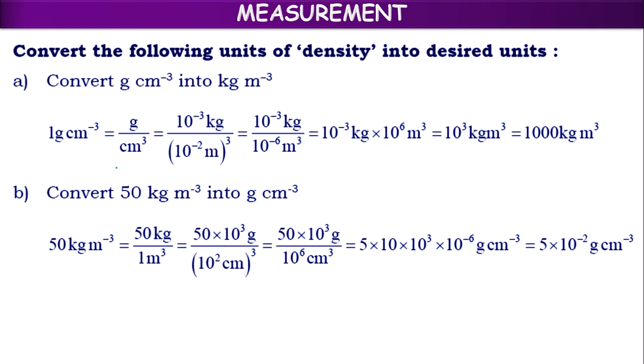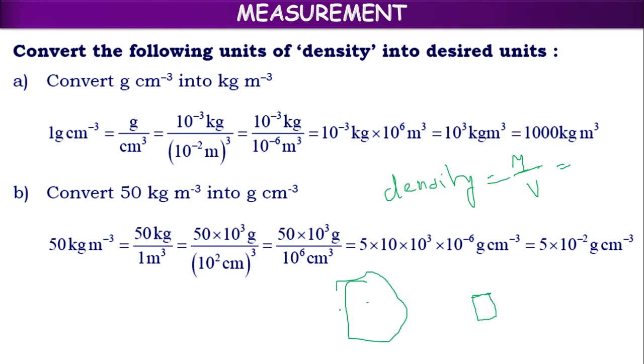Next, children. Convert the following units of density into its desired units. Here, children, density means mass by volume. If you take 1 kg of cotton and 1 kg of iron, cotton will be lightweight.